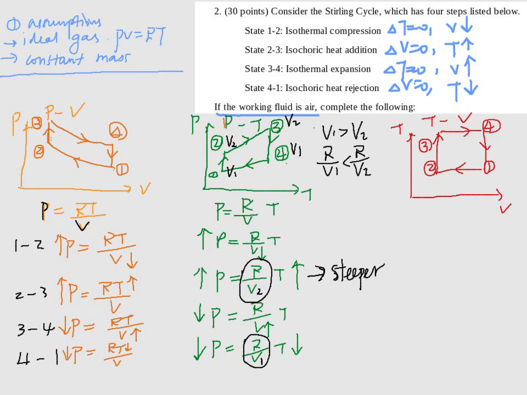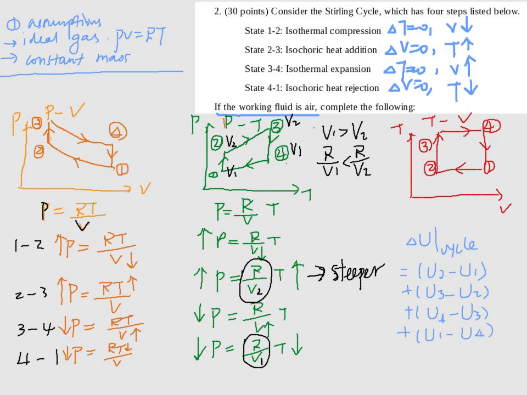The last question that we want to solve is the change in internal energy. So the change in internal energy of a cycle is equal to the change in internal energy from state 2 to 1 plus state 3 to 2 plus from state 4 to 3 plus the internal energy from state 1 to 4.